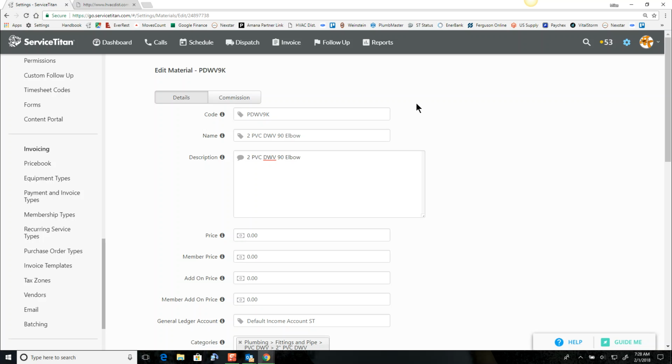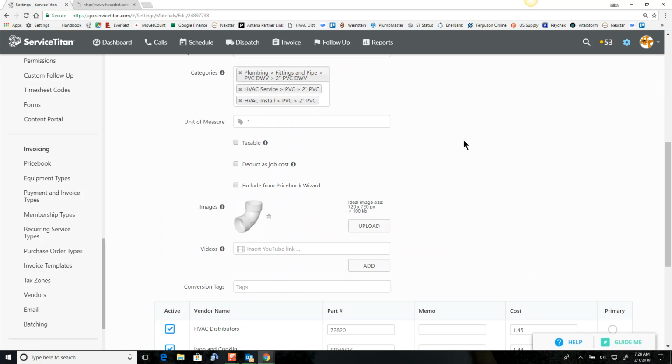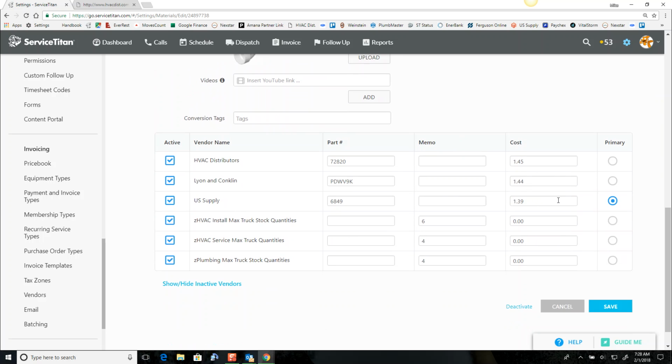This same fitting will be constantly ordered from the same supply house unless prices change, and if it were to go down to $1 from this supply house, then I would just change the primary vendor. Setting up the same fitting 3 different times simply so I can export my price book by business unit doesn't make sense, and it's not a functional or efficient way to do it.